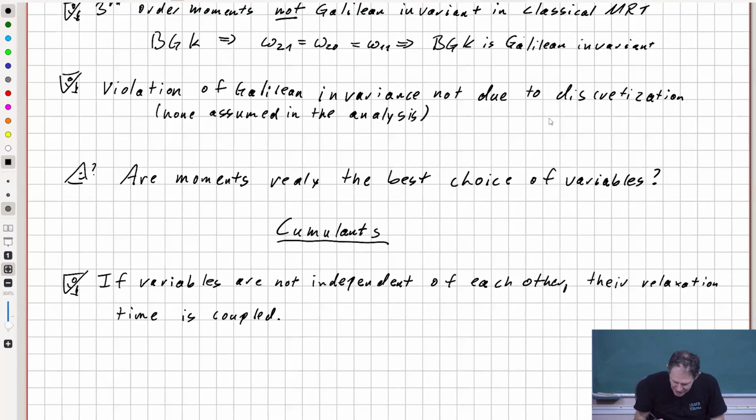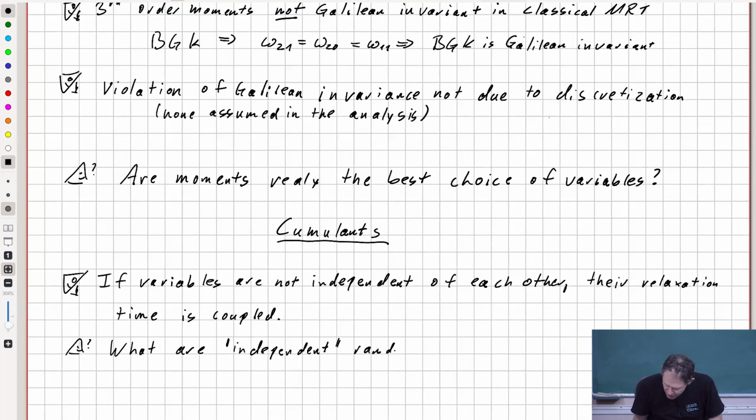But for this, now we need to understand what it actually means to be independent. So what are independent random variables?